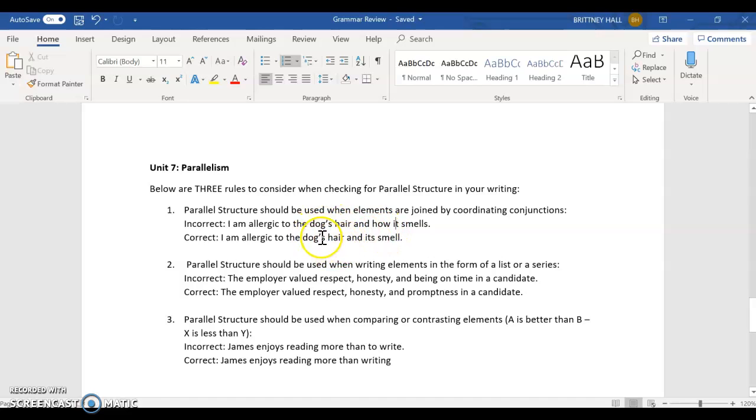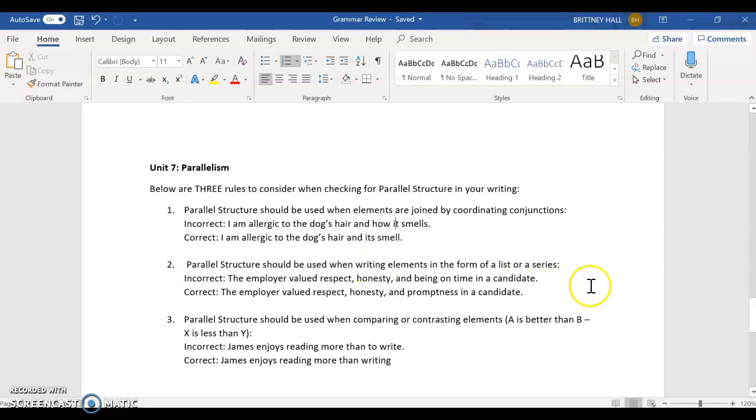Now it's not exactly the same because we're using an apostrophe S to show possession, whereas here we're using its to show possession. Functionally, these words do the same thing, even though they aren't in the same category necessarily. But the point is, it's parallel because the types of words on either side of the coordinating conjunction and are parallel, right? All right, moving on.